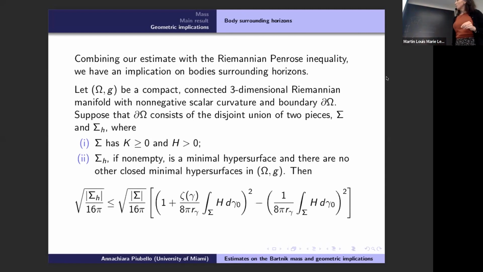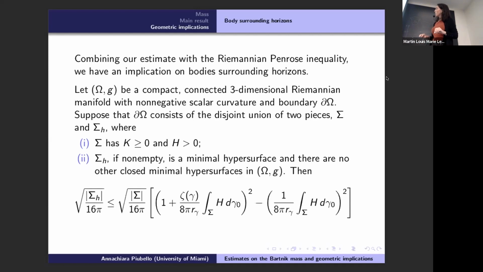But now we can use our estimate to get to a localized version of the Riemannian Penrose inequality. So let me explain what I mean here. Suppose that we have here another surface sigma that will obey the assumptions for our estimate for the Bartnik mass. So assumption I there. Then we can consider this bounded region here, omega, right?